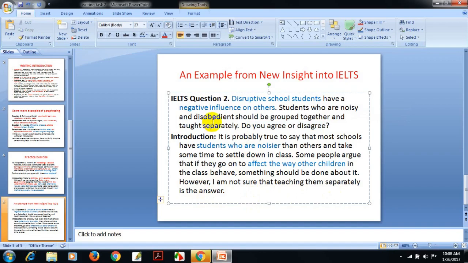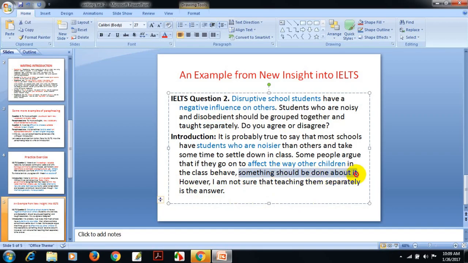What is given here? Disobedient students should be grouped together and taught separately. This is the view. With this view, this student is not satisfied. What the student is saying, something should be done.